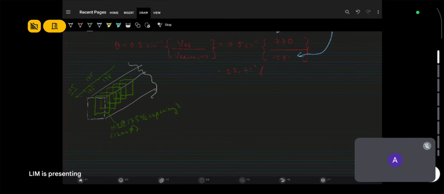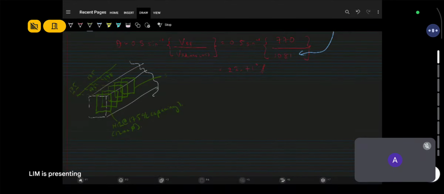So every 175 millimeter, there is a rectangular shear link like this. These things are called shear links, to prevent shear failure, or some people call it shear reinforcement. This is given by the question.